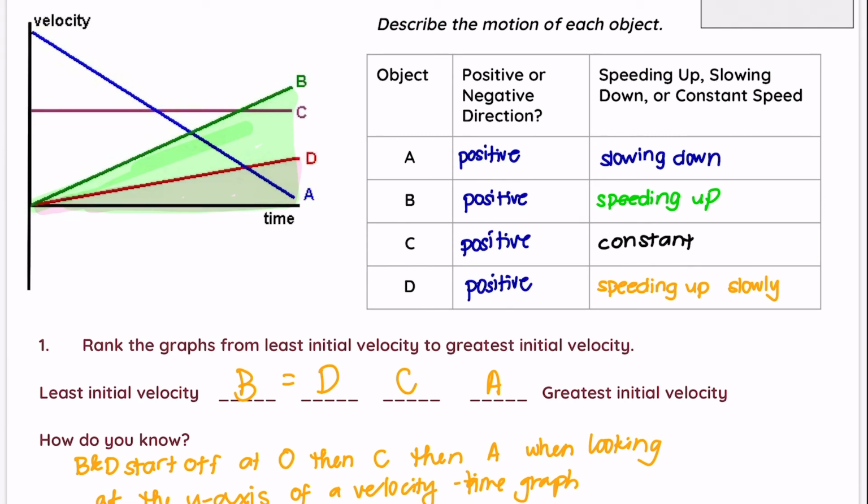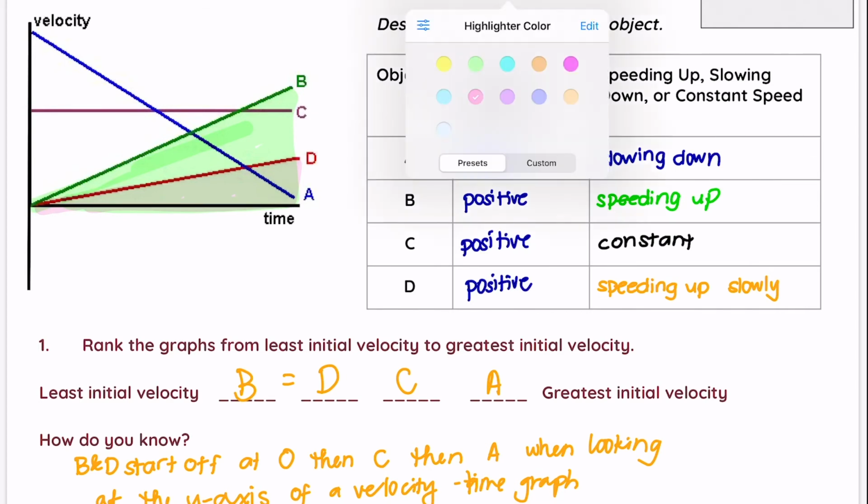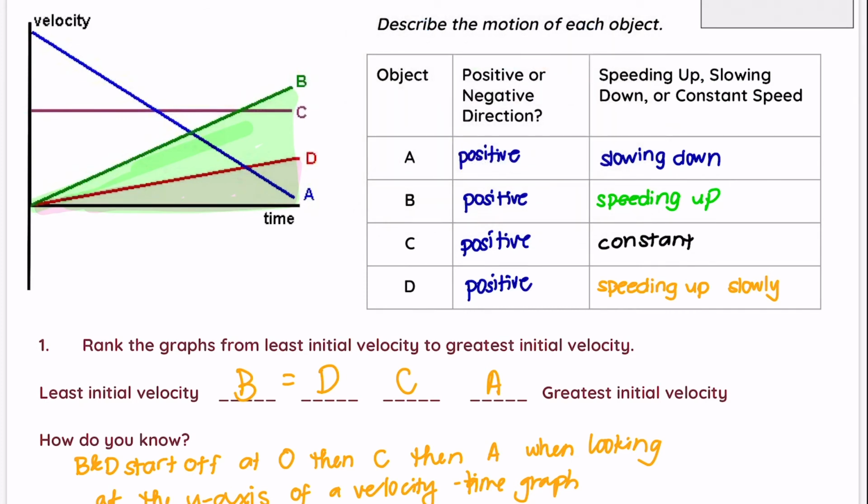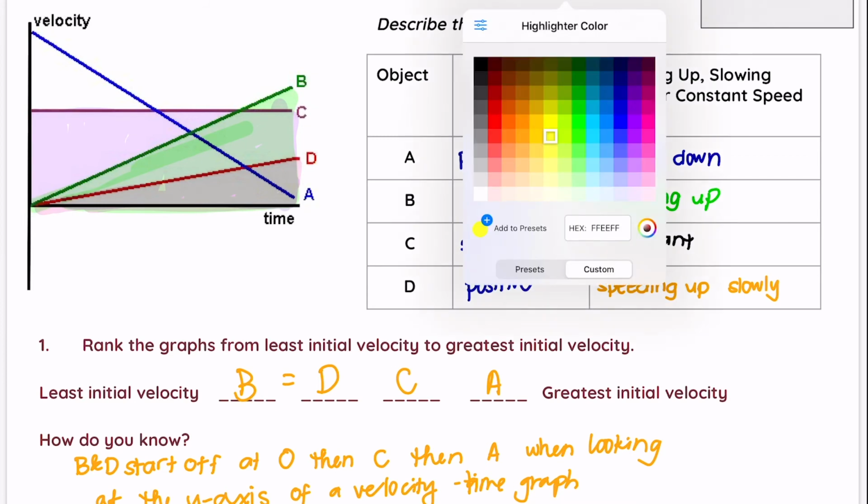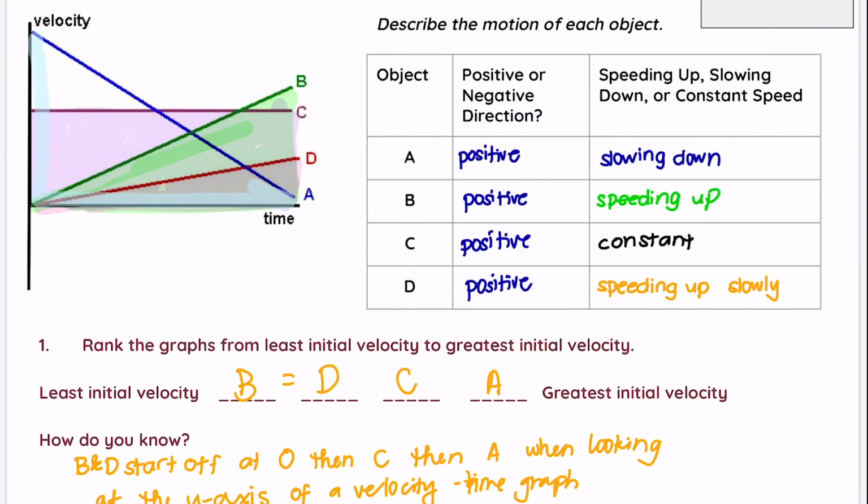Now we have to determine if it's C or A that has the biggest area. Let me change the color to purple and color this in. So this is C. C obviously is much bigger than B and D. Then let's take a look at A. A is going to have this area that I'm coloring in blue.